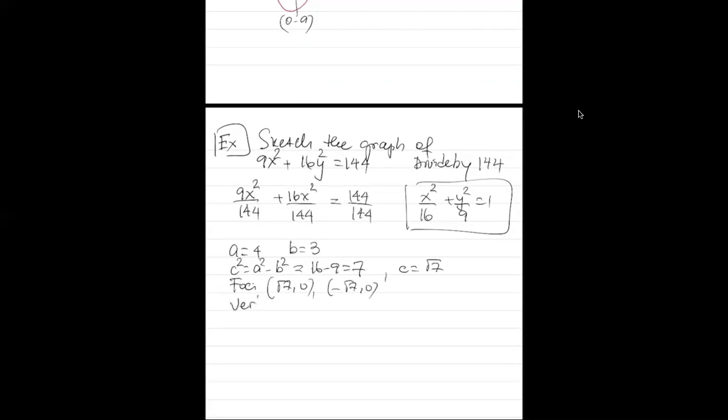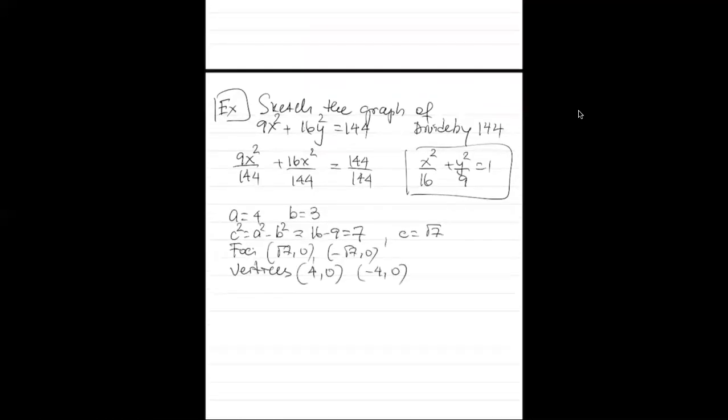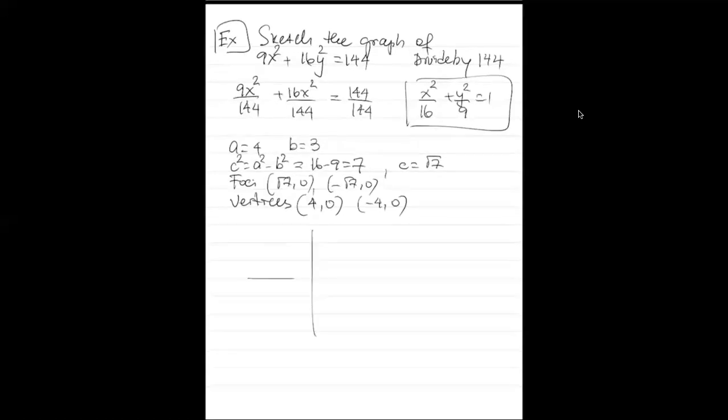Vertices, they would be along the x-axis, (4, 0) and (-4, 0). And we are ready to sketch the ellipse. So here are the foci, (root 7, 0), (negative root 7, 0), and the vertices, (4, 0), (-4, 0).